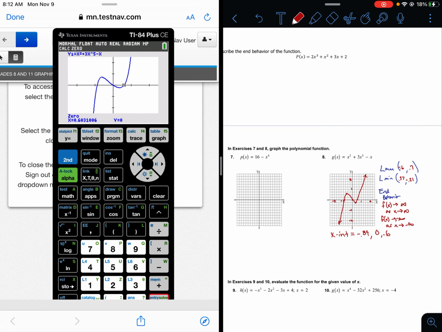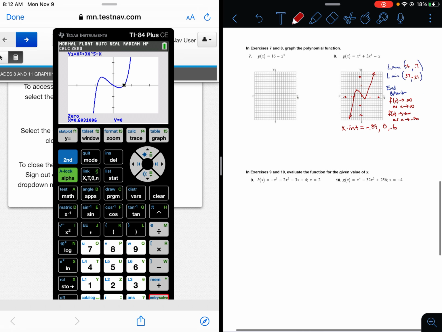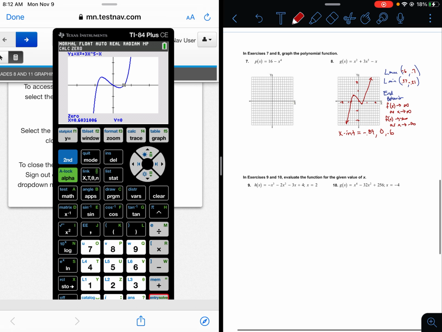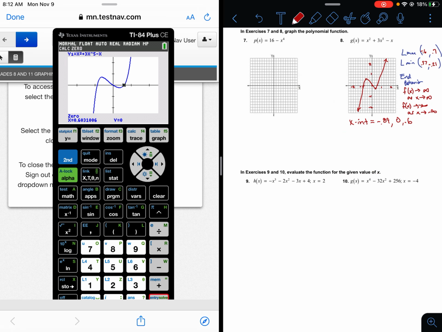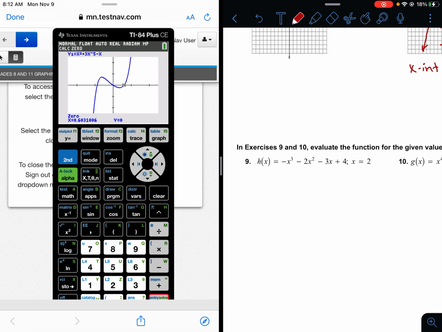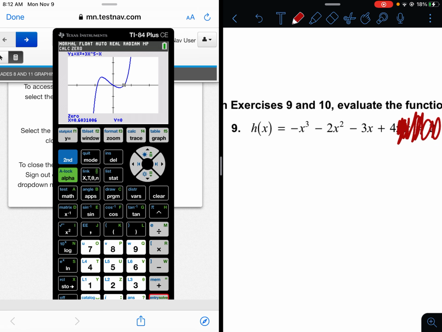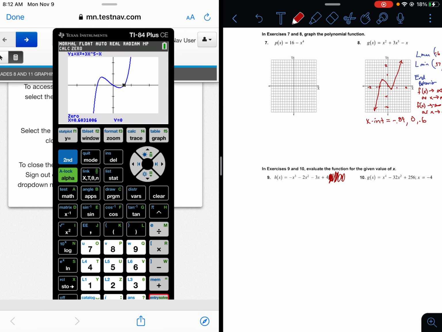Now there's one more piece we're going to add to this. So I'm going to go ahead and just use one of these equations. We're going to use this bottom one. It says to evaluate, but I'm not going to evaluate. I'm just going to use it to do my graphing piece here. So I'm going to graph this.